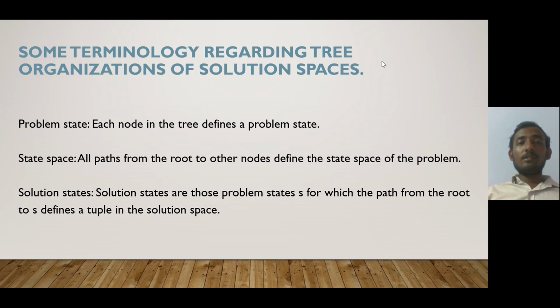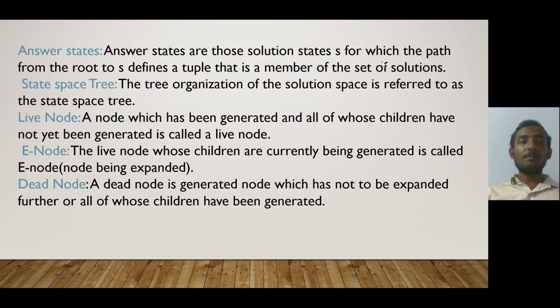Some of the terminologies regarding tree organization of solution space. Problem state. Each node in the tree defines a problem state. All paths from the root to other nodes define the state space of the problem. Solution states. Solution states are those problem states for which the path from the root to them defines a tuple in the solution space.